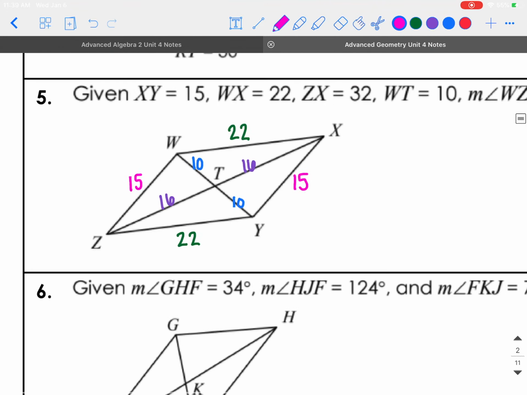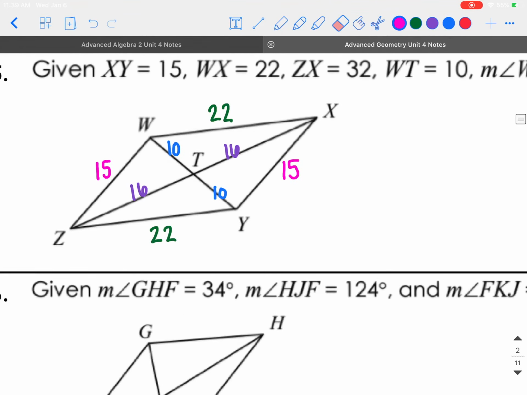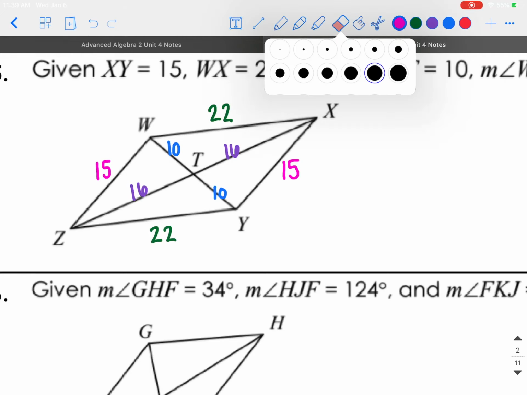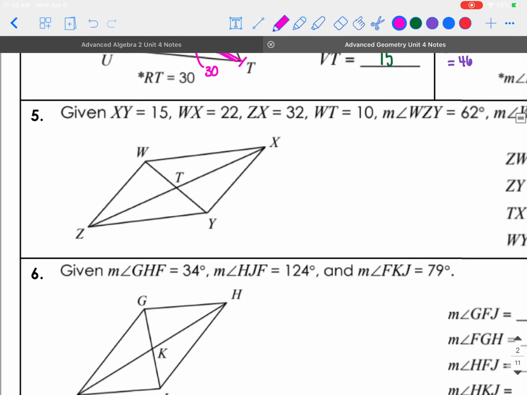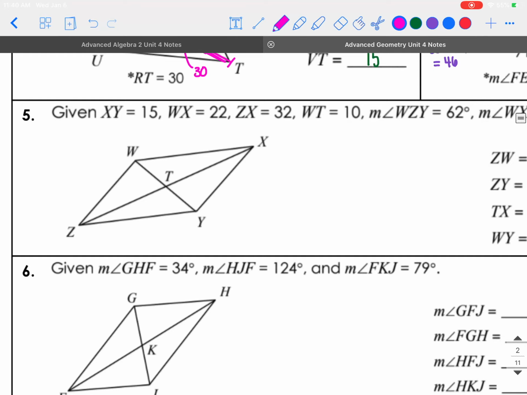So again, the segment length is usually a little less complicated. So I'm going to erase. Right. And let's actually go ahead and color code the angles that are the same. And that should help us quite a bit.